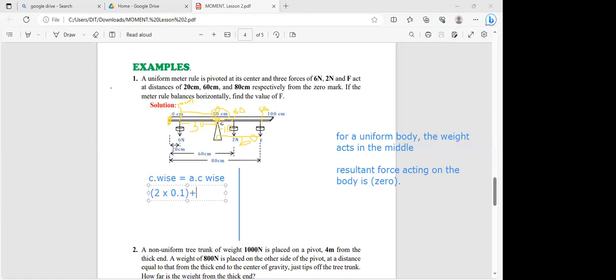Then we are adding on another clockwise moment, which is F times its distance from the pivot, and its distance is 30, but 30 will be 0.3.